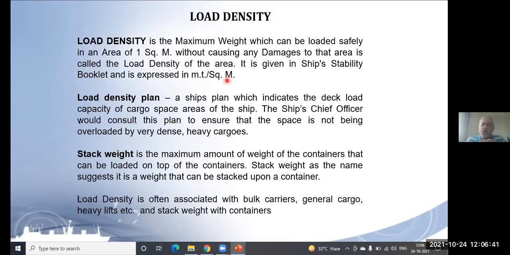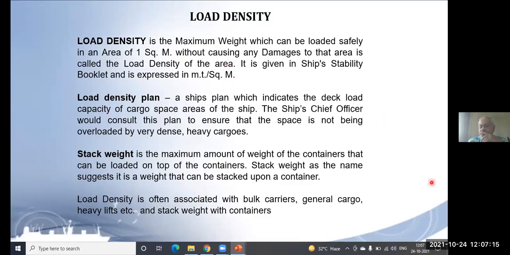Load density matters more and more when cargo of a different nature is loaded every time. If similar cargo is loaded, it does not matter so much. Like bulk carriers, every voyage the cargo will be different unless you are loading the same cargo every time.